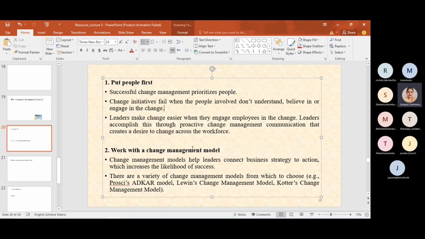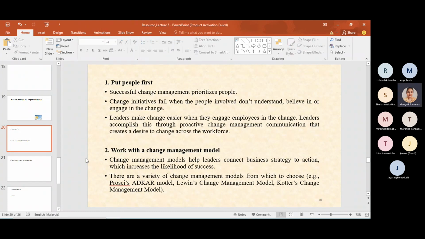Another thing you can do to manage the impact of change is work with a change management model. A change management model is a model that we use to manage changes. There are several change management models.